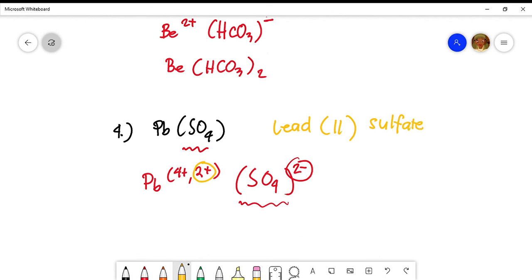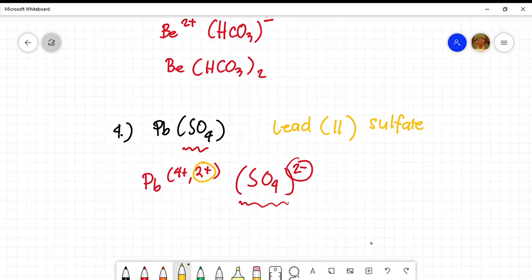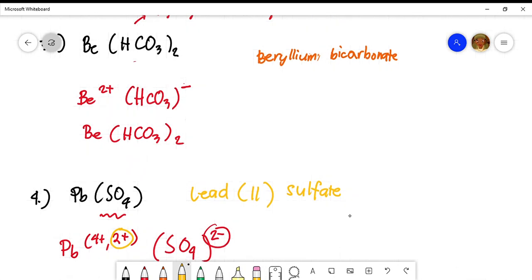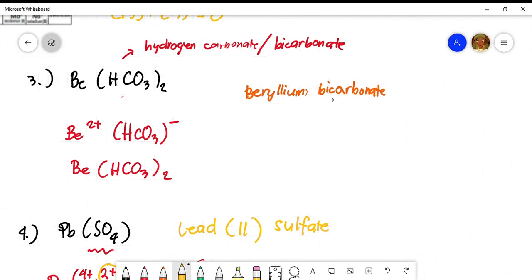So there is an exemption for polyatomic ions to be exempted in step 2. We don't call this beryllium bicarbonide. We retain the name of the polyatomic ion.